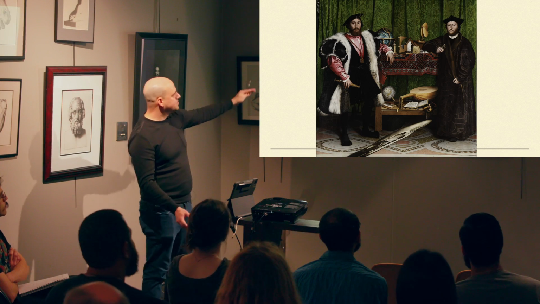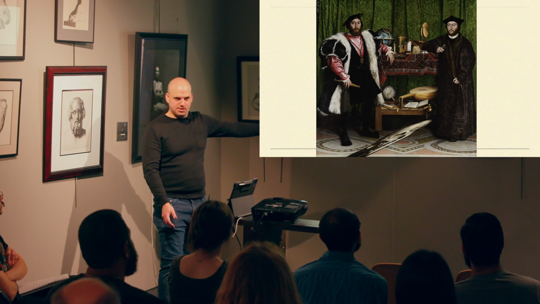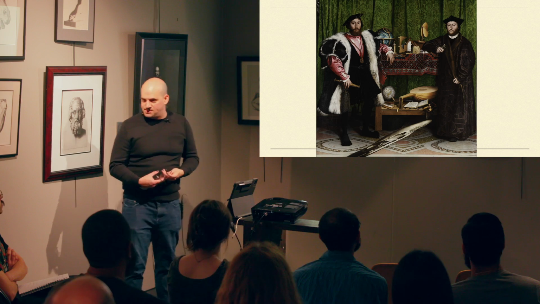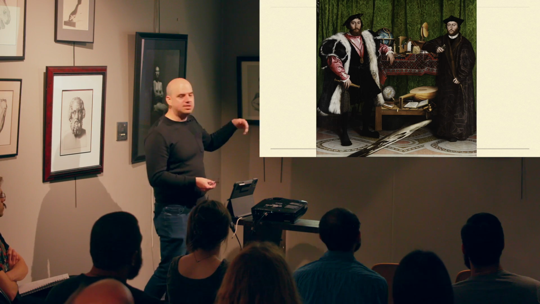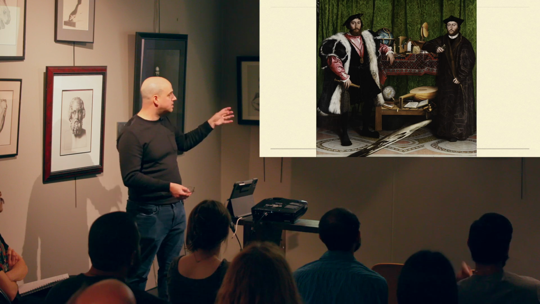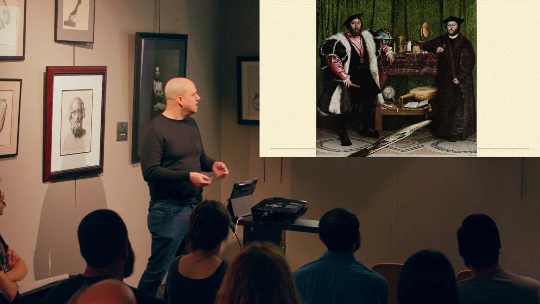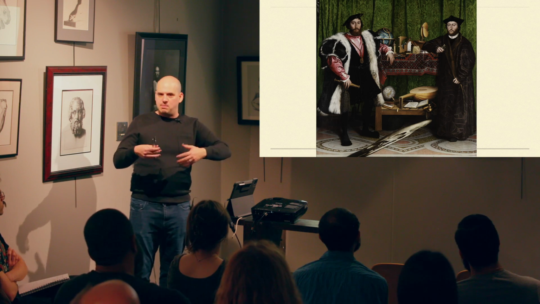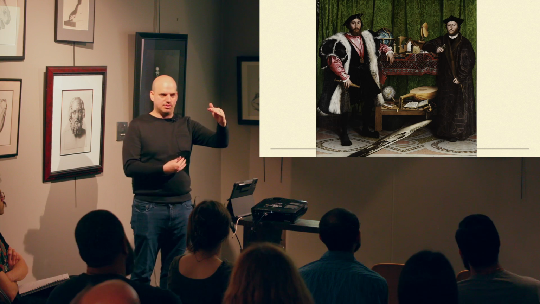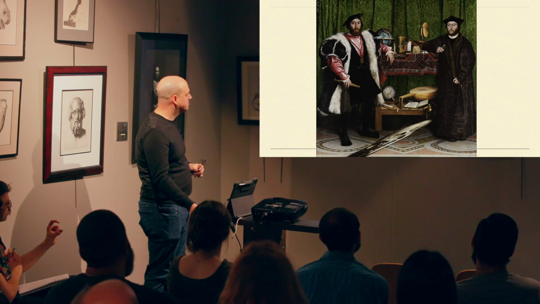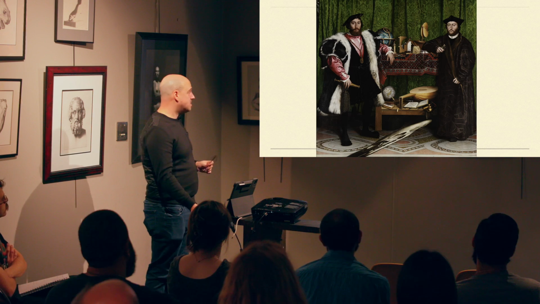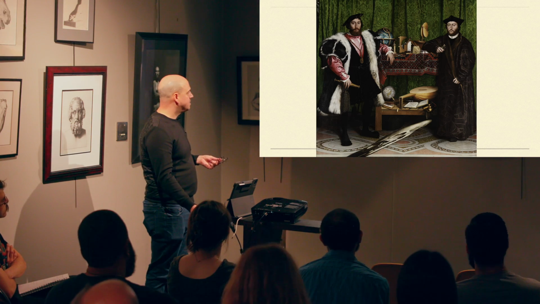The upper tier refers to celestial objects, telescopes, anything that has to do with astronomy. The lower tier has to do with earthly things, a globe, a lute, a prayer book. So it seems to have to do with the separation of heavenly bodies and earthly bodies. That's why the skull is at the bottom.